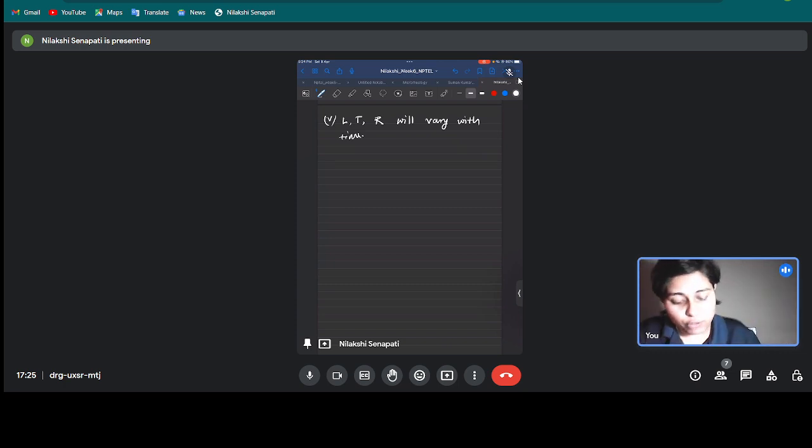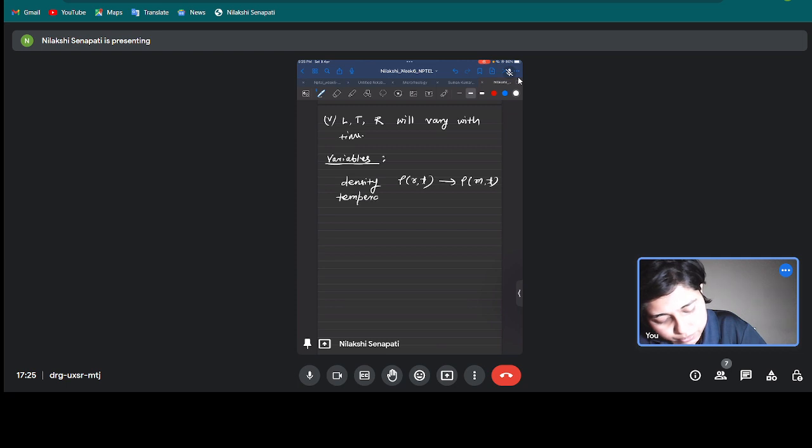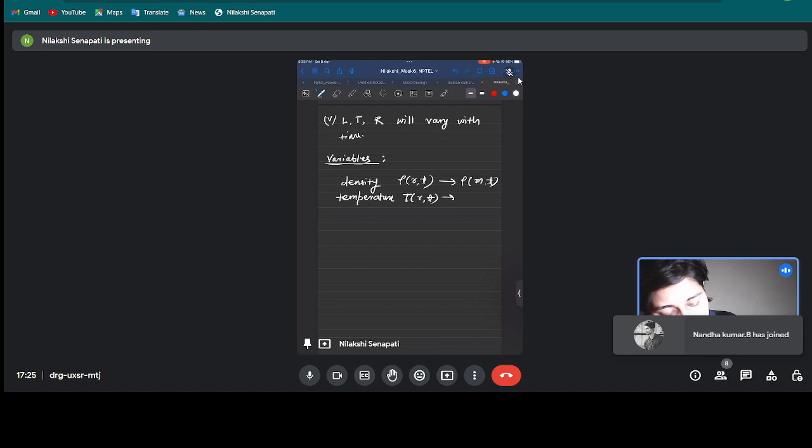In that case, we found that the variables were, first of all, density. Rho is a function of r and t. r also means the mass, so it is a function of mass and t. Then the temperature, T is a function of r and t, and that means it is a function of M and t.